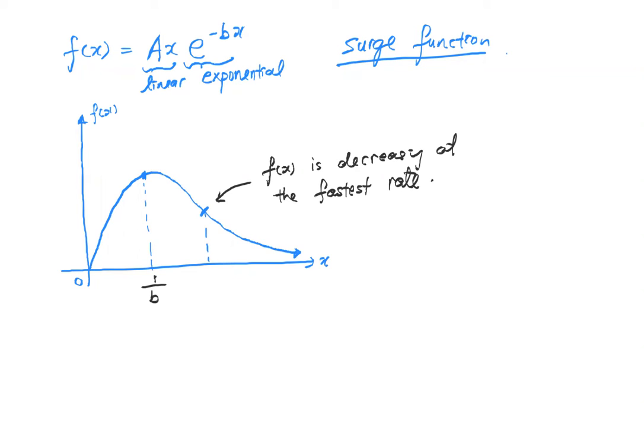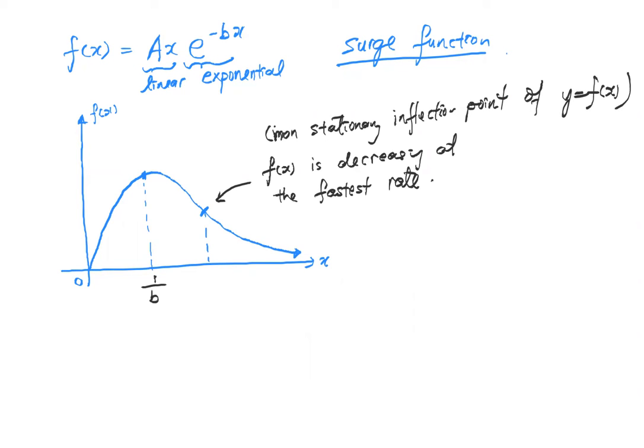And this is also called the non-stationary inflection point of y equal to f(x). So this is 2 over b. So these are the special characteristics for this function.